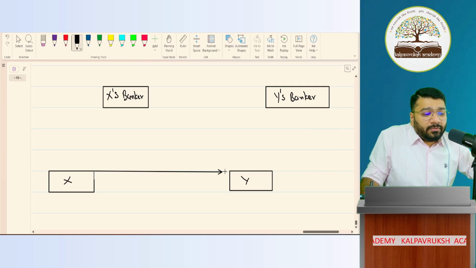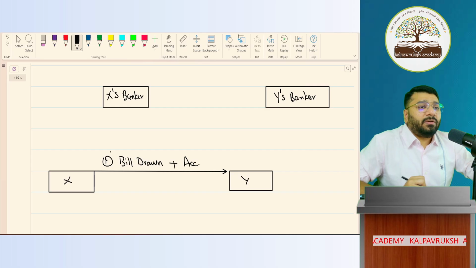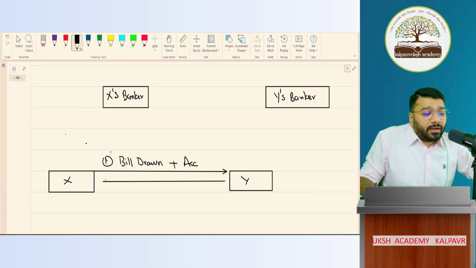Now, what is the first transaction? X is drawing the bill on Y. Bill drawn plus accepted. Any problem? For the same amount, now who's drawing the bill? Y is drawing on X. Look at the arrow mark.